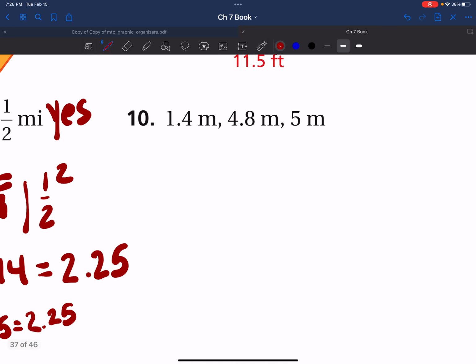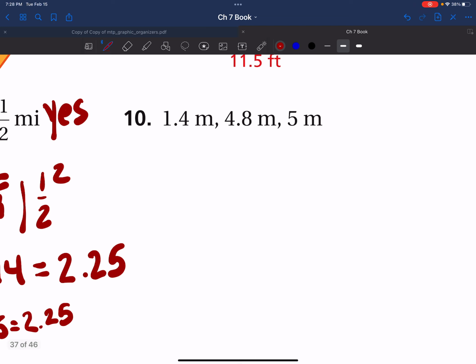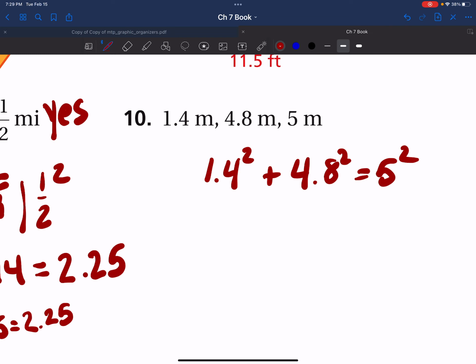All right, next one. Big guy is going to be my hypotenuse. So I've got 1.4 squared plus 4.8 squared, does it equal 5 squared? I can already tell this might not work because 5 squared is 25. And 1.4 squared, let me see here, that's 1.96 and 4.8. Well, you never know, guys.